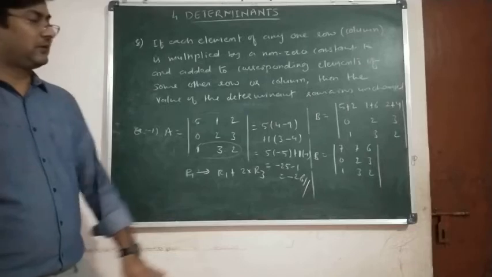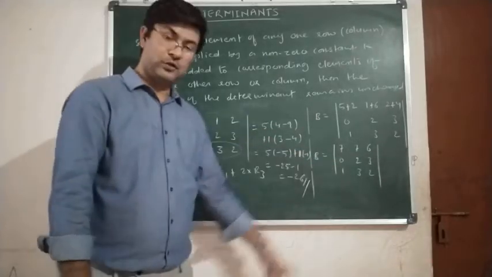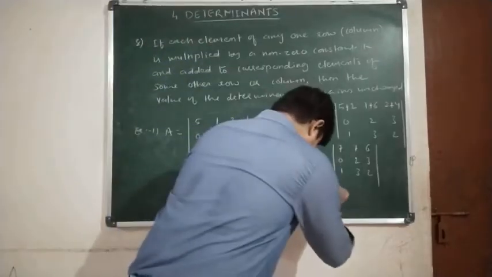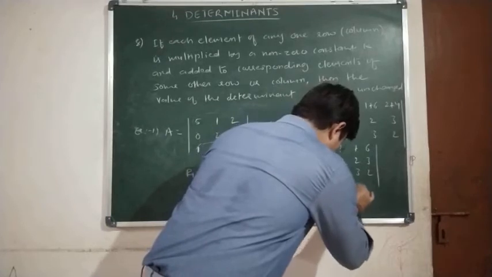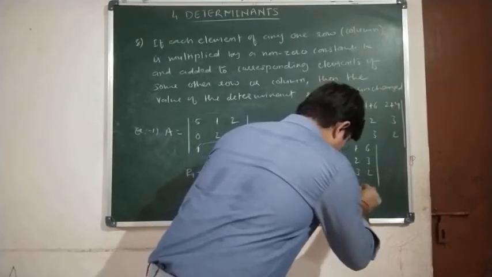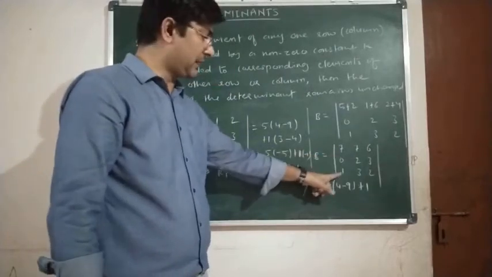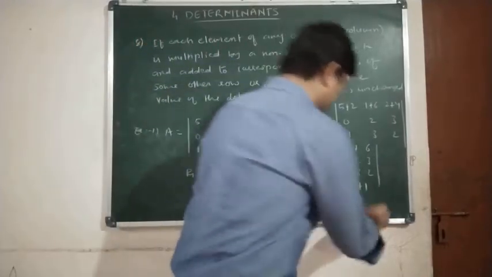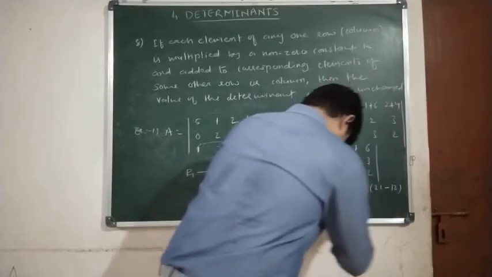Now similarly the value of B also must be minus 26 only. Let us expand along first column and check. So 7 into (2 twos are 4 minus 9). The second element is 0, so directly the third element: 1 into (7 threes are 21 minus 6 twos are 12).